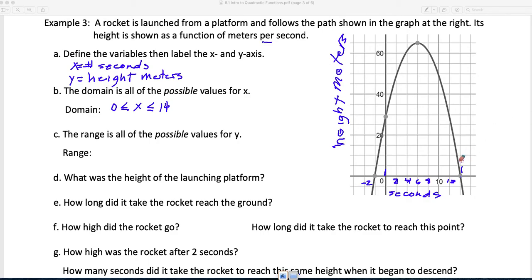Okay, let's see what kind of grid or what kind of scale we've got for our meters. All right, that's 20, so it's 5, 10, 15, 20. The range is all possible values for y. Okay, so bottom to top. Right here is where the rocket hit the ground.